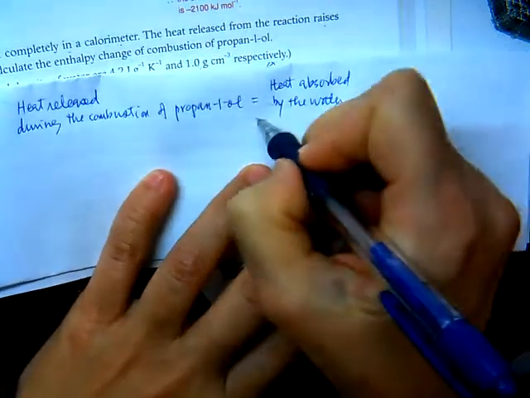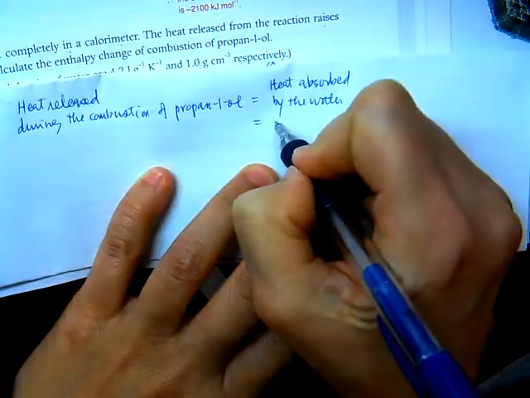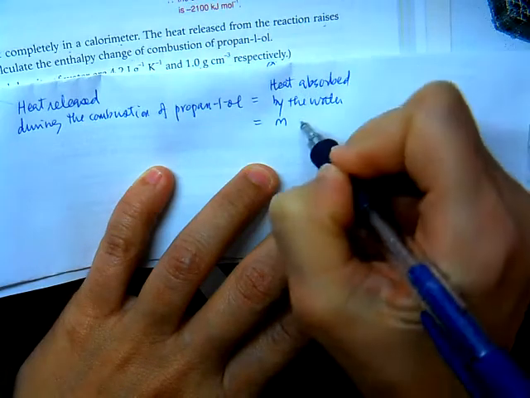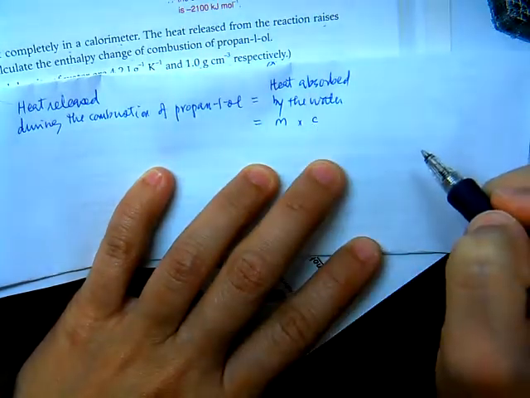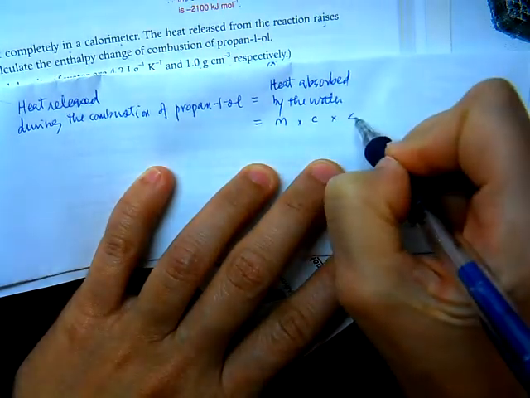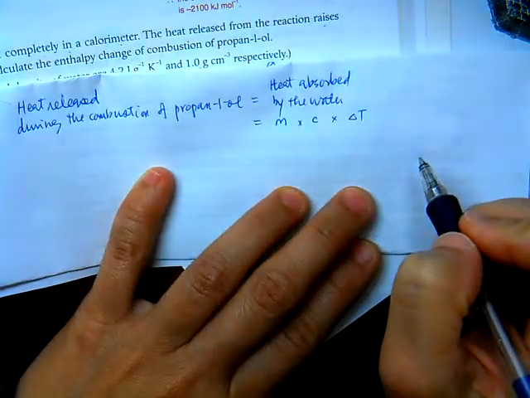According to the equation, heat absorbed by the water is equal to the mass of water times the specific heat capacity of water times change delta T of water in Kelvin.